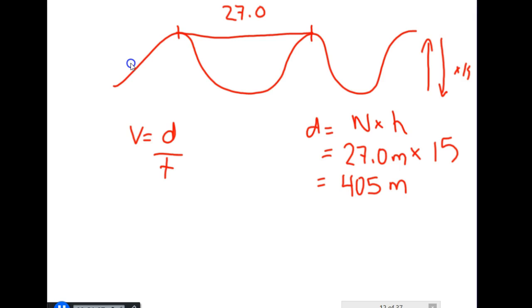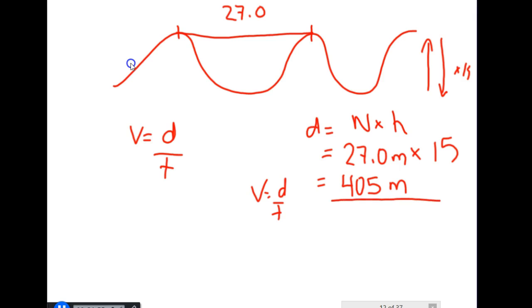What is the time period for the 15 waves? 24 seconds. So v equals distance divided by time. Your distance that your waves have moved is 405 meters.